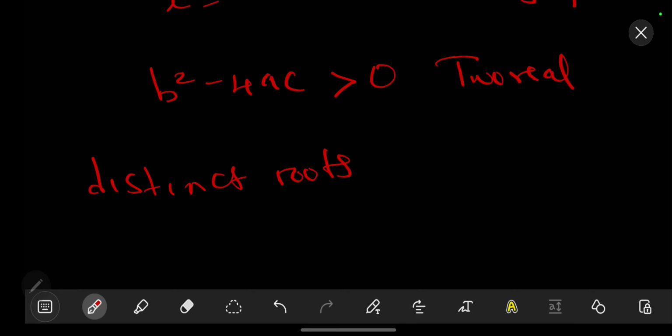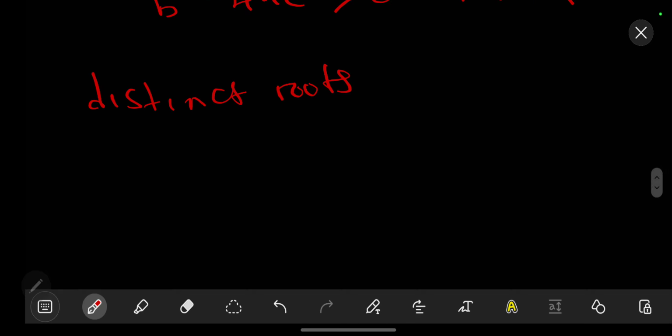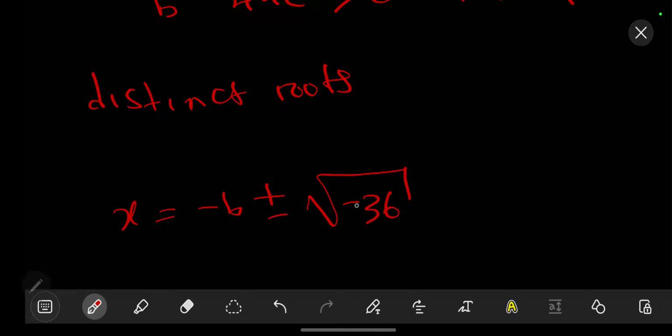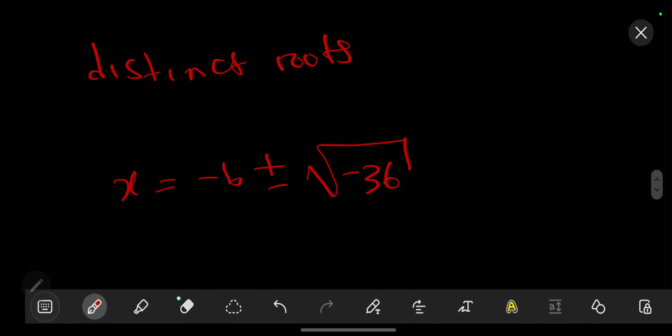Now, in the same line, if you have an equation where x is equal to negative b plus or minus, and whatever is in the bracket, let's say you have a negative 36, as long as you have a negative number, let's simplify it a bit. Let's say you have negative 1 for the sake of simplicity.